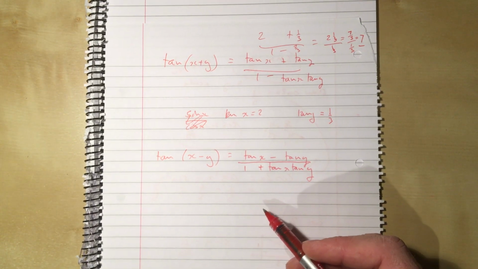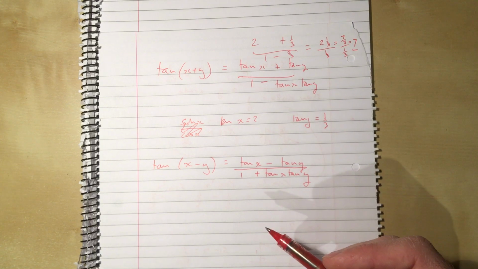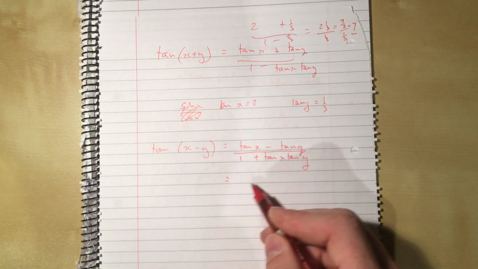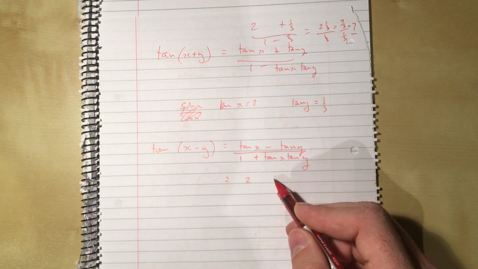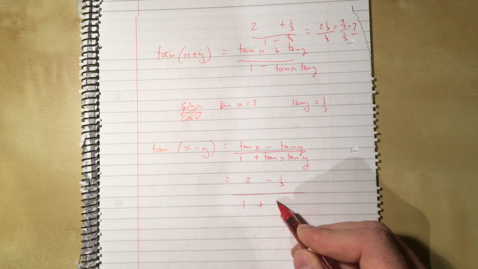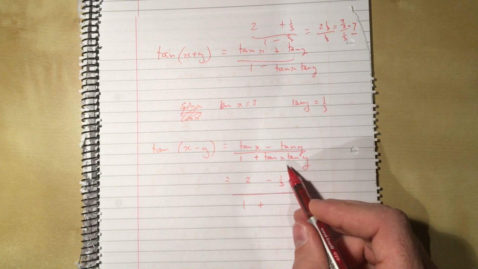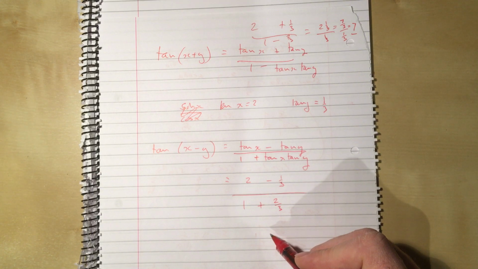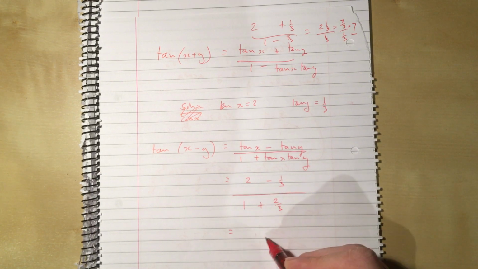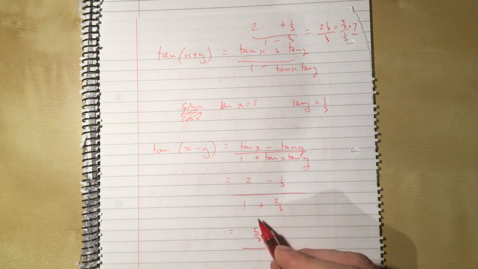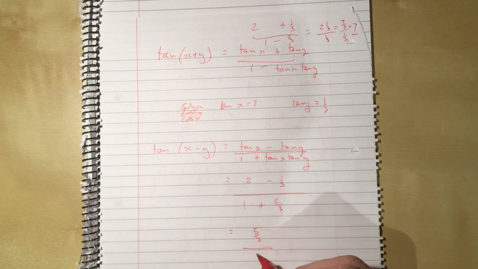The question is asking us, this is 7c part 2, what's the value of x minus y? Well, tan x we know is 2. Tan y we know is a third. So 2 minus a third is 1 and 2 thirds, so it's 5 thirds, over 1 plus 2 times a third, 1 plus 2 thirds, so that's 5 thirds.